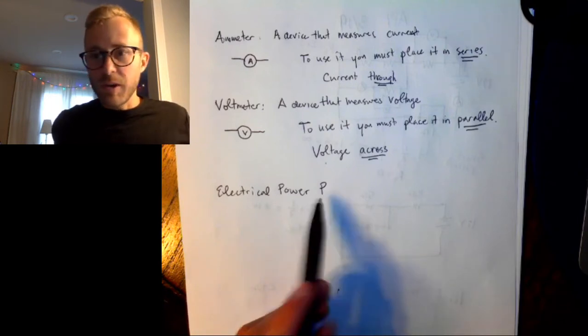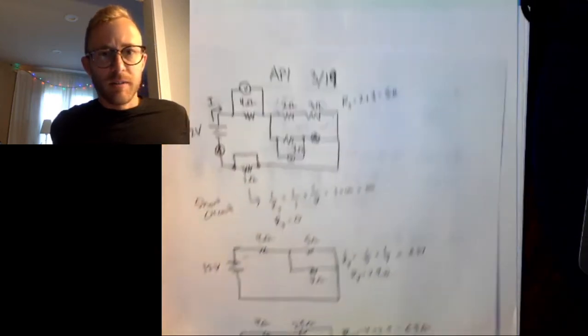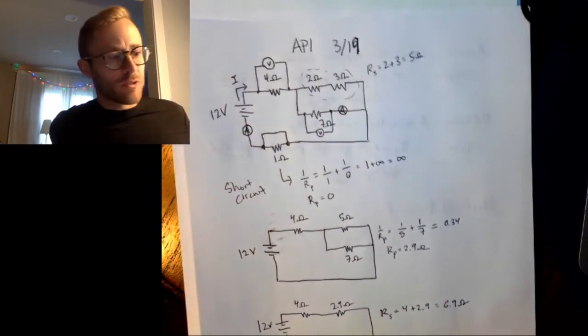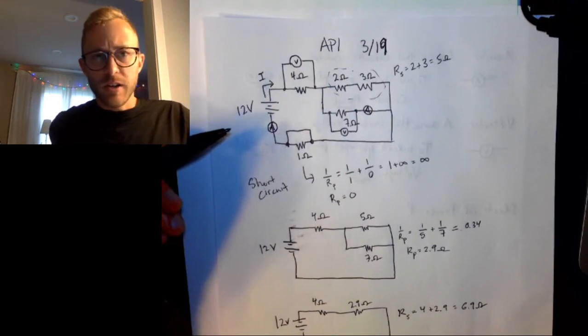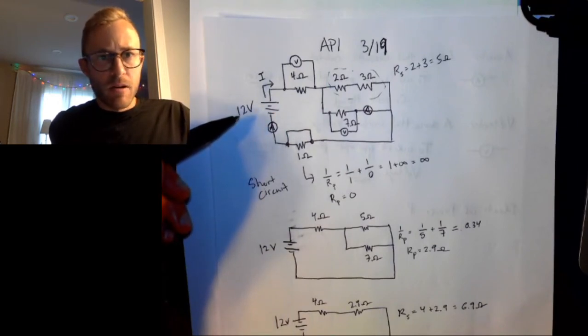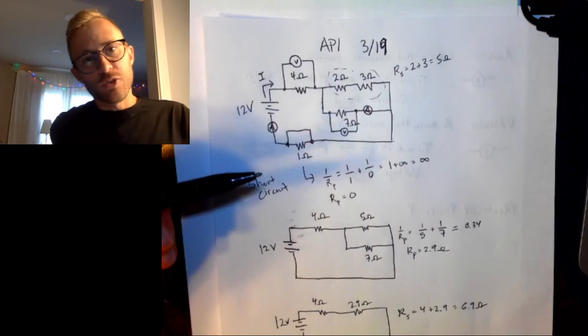Electrical power is denoted by P, just like other types of power. And so if we look at our original circuit here, this 12-volt battery is outputting power. So it's giving energy to the circuit, and the circuit is consuming that energy.